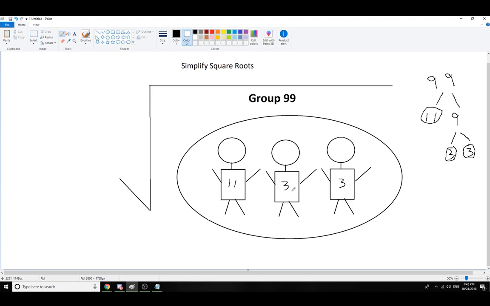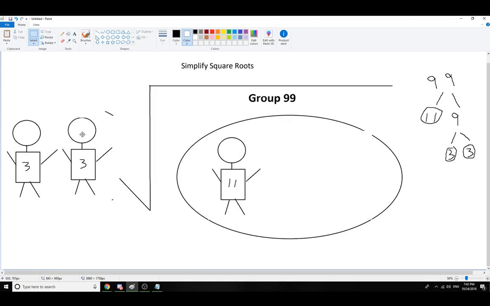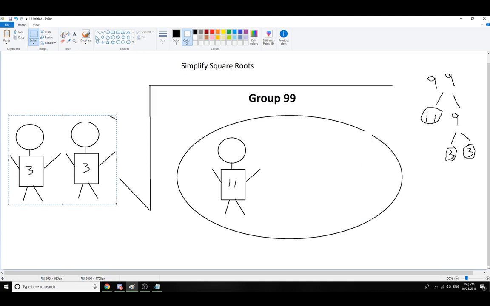They go through the group. They see an 11, but then they see another 3 and they say, hey, buddy, number 3, do you want to leave with me? And of course they say, yes, of course, let's go out in the free world and make a better world. So these 2 people leave and they call themselves Group 3.